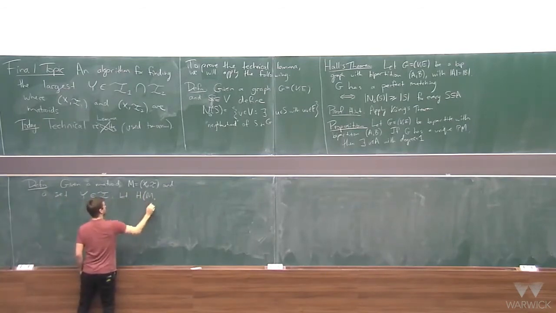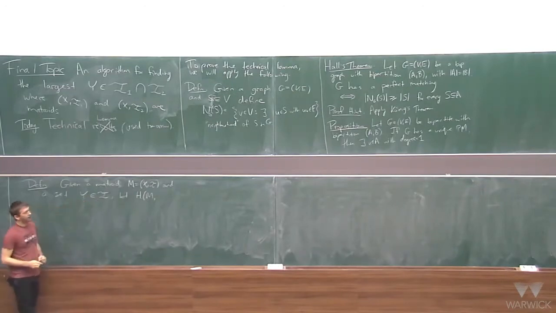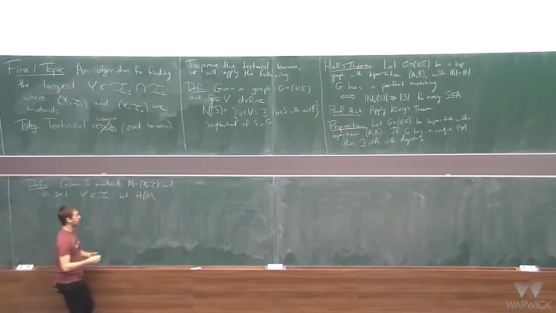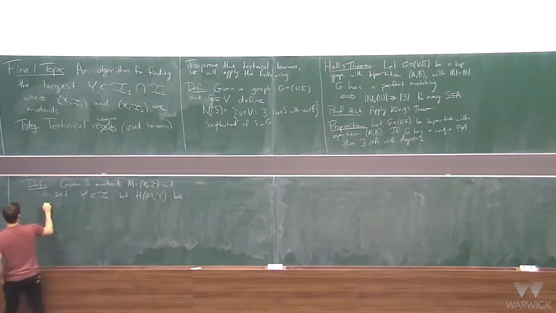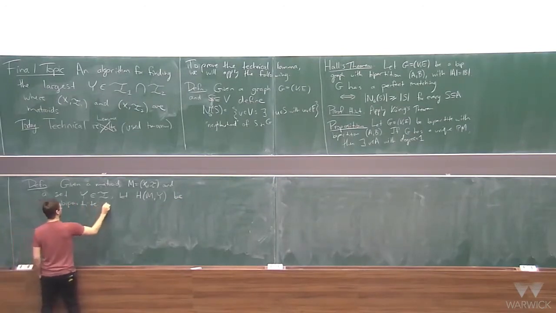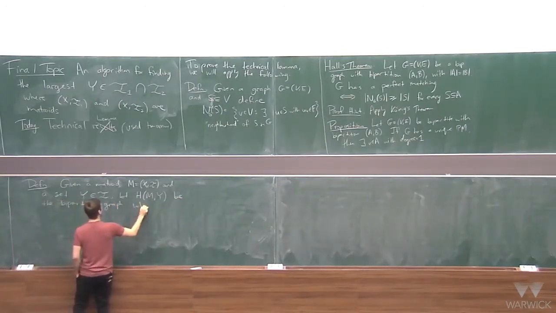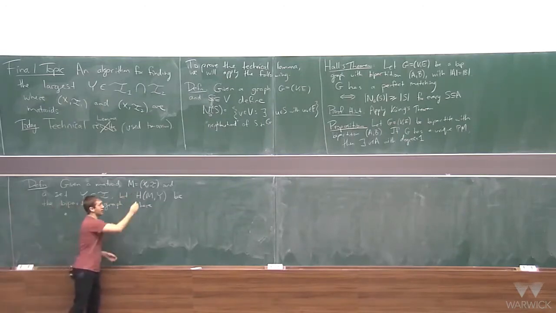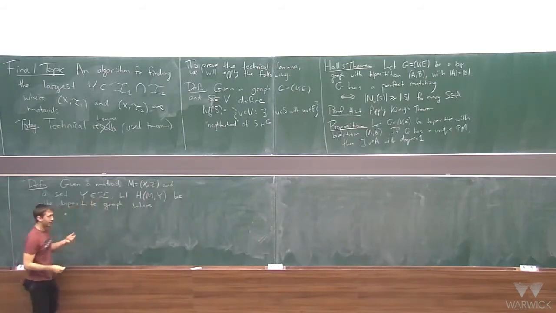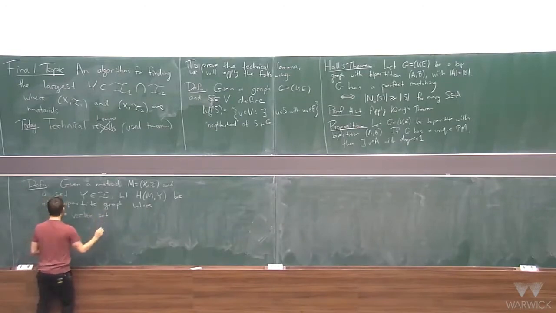So we're going to define some sort of graph based on Y and based on the matroid. So H_M(Y) is the bipartite graph where the vertex set of this graph is X. X is the set where the matroid kind of lives, right?